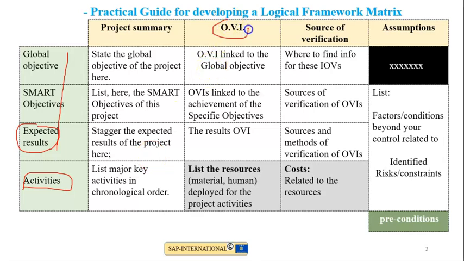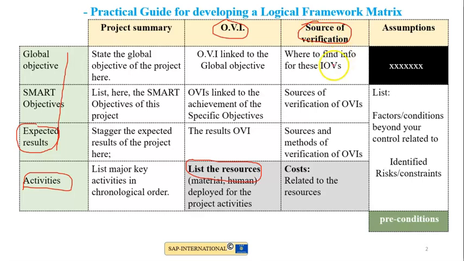And as I said, on the second column, OVI, objectively verifiable indicators. So when it comes to the activities, it changes. It's normal, the OVI, but it comes the resources: what human resources, what material resources do you need to deploy to enable you implement your activities.